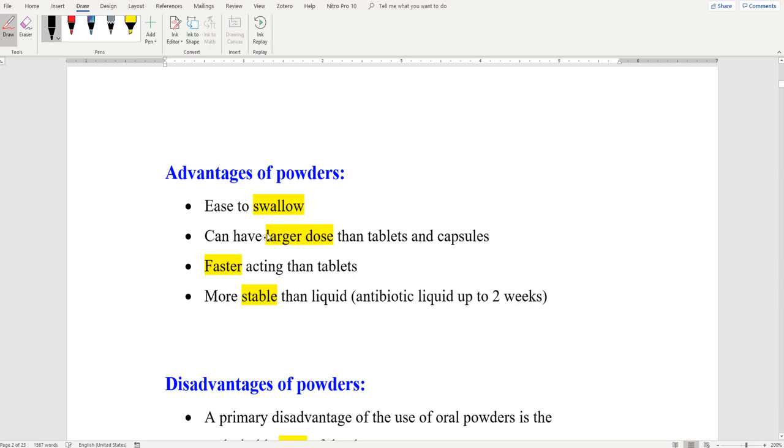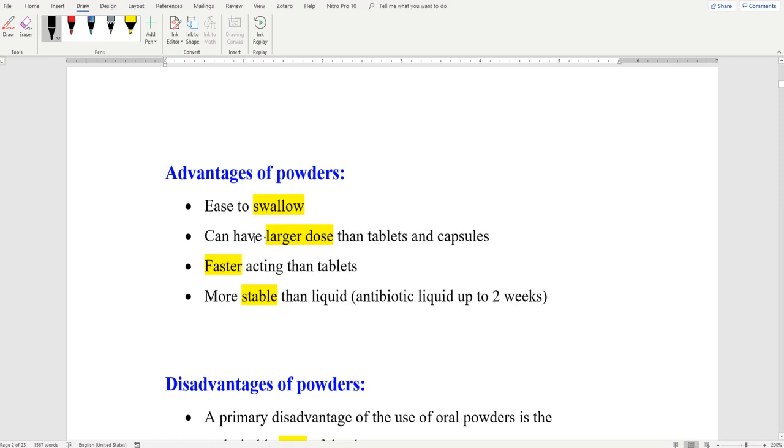Another thing is that you can have a larger dose than tablets and capsules. How do you understand this? Of course, as I already said, you can dissolve or suspend the powders in liquid, and then you can drink one cup or one glass of water that contains a lot of powder. So actually the amount of powder can be large compared, for example, to tablets and capsules. We cannot make the tablets like a big piece, because in this case you cannot swallow the tablet.